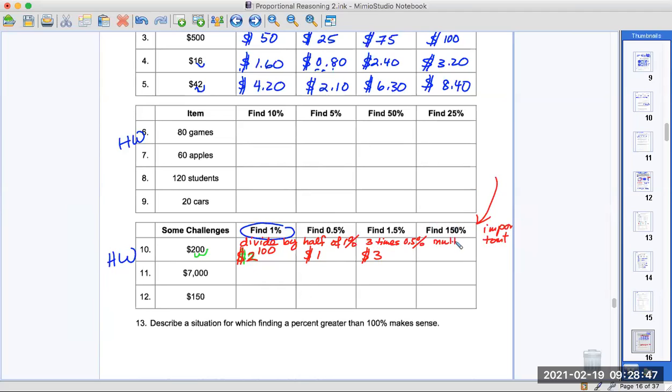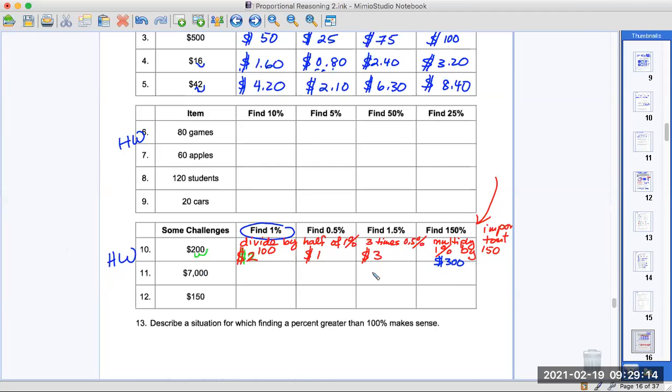Multiply 1% by 150. So that means 2 times 150 is $300. Okay, so 2 times 150 is $300.